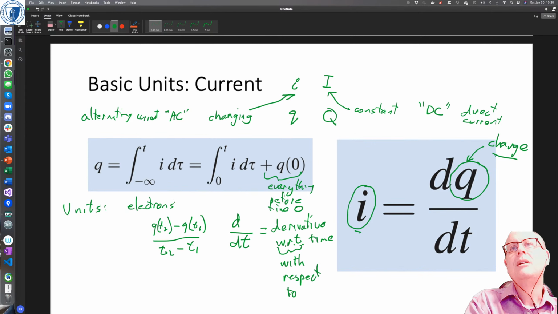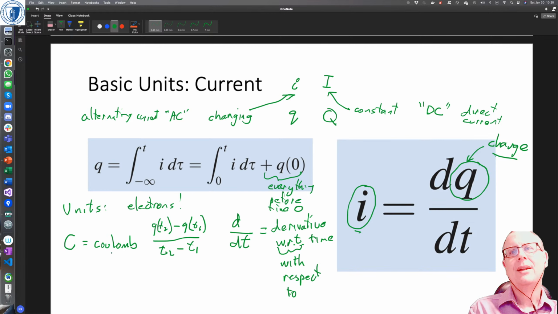We can count electrons. However, electrons are not an SI unit. So the SI unit is denoted, and this is for confusion, capital C, and the unit is called the coulomb.